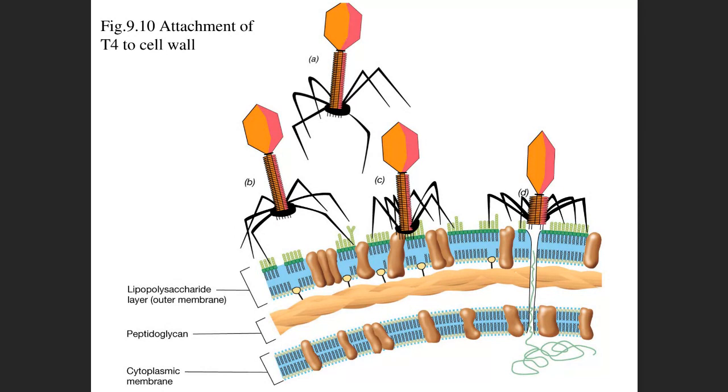The point is that the binding between the tail fiber and the protein receptor on the surface is very, very specific. Once it binds, the T4 DNA gets injected into the bacteria.